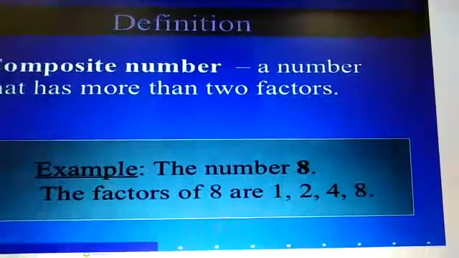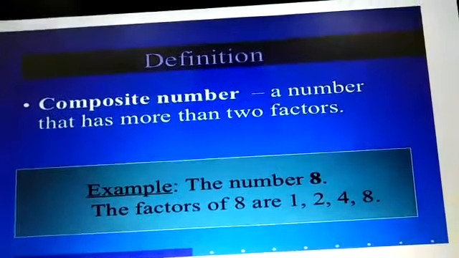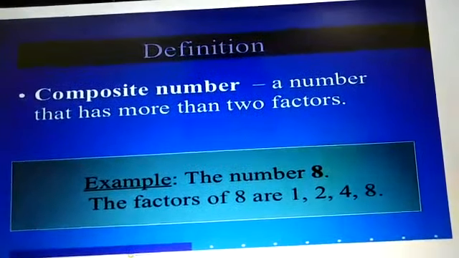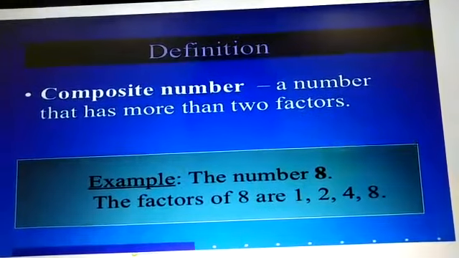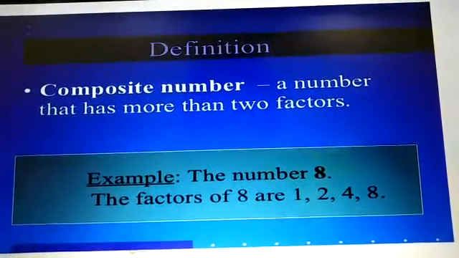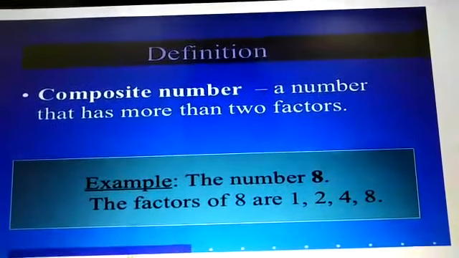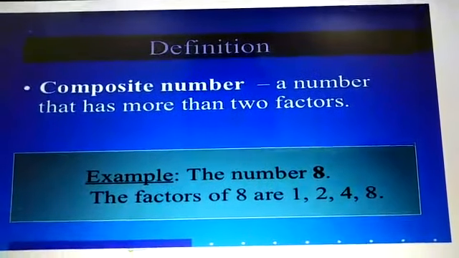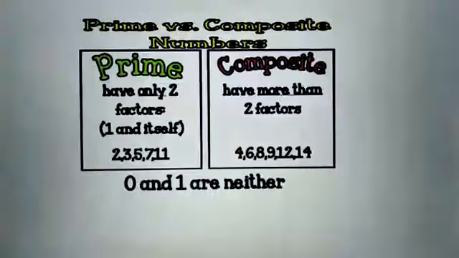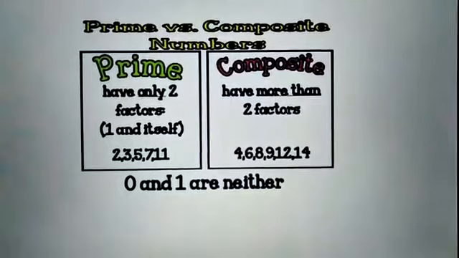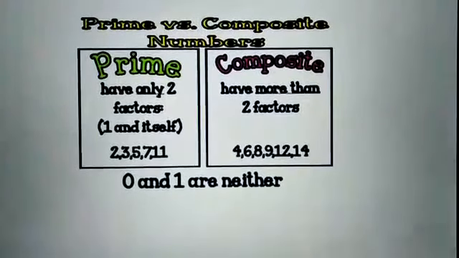Similarly, you can check every number. Is this a prime number or a composite number? In a composite number, there are more than 2 factors. Now let's check what is the difference between prime numbers and composite numbers.